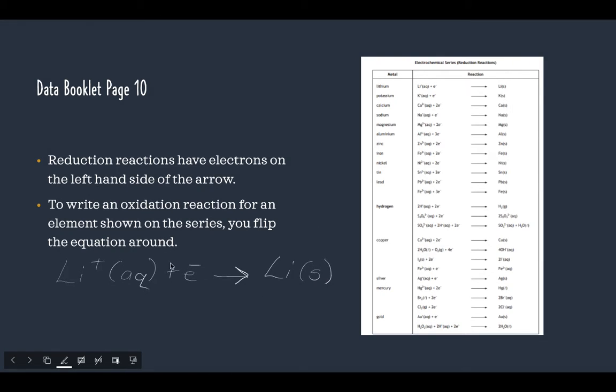The reverse reaction, lithium becoming lithium ions, would be an oxidation reaction. So all of these reactions here are reductions. If we wanted to write the oxidation reaction, we simply change the direction of the arrow and flip the equation around.